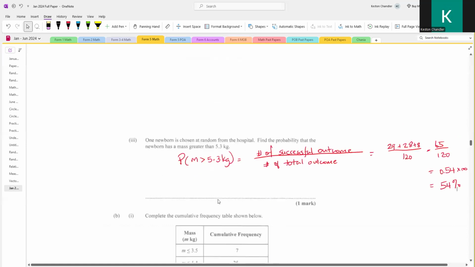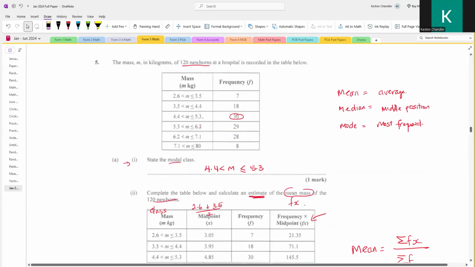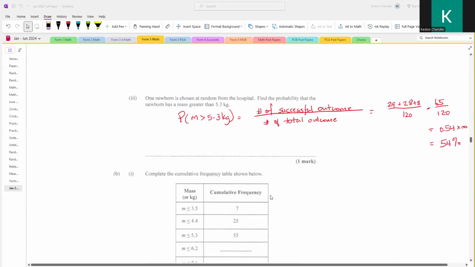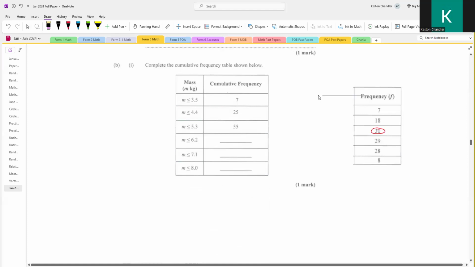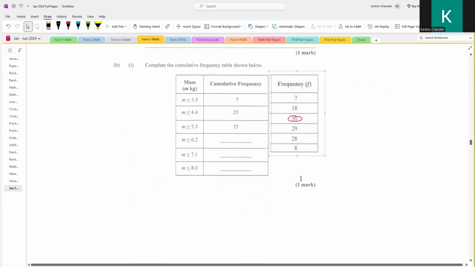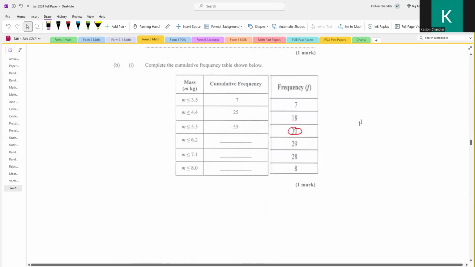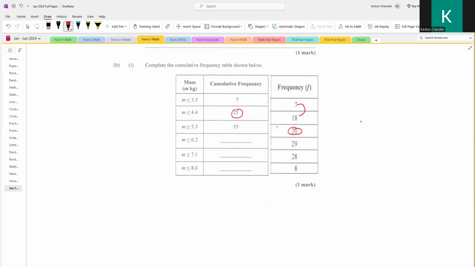Cumulative frequency now. All right. So I need my cumulative frequency column. I need my frequency column. So I'm cutting this out from here. Now, ideally, what's happening here is that 7 plus 18 is 25. 25 plus 30 is 55. 55 plus 29, right?